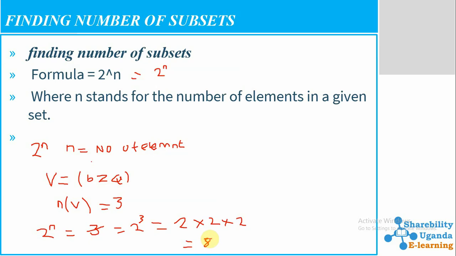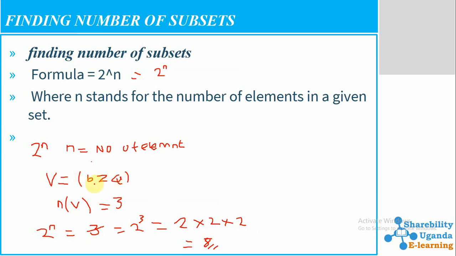Now this simply means that when we are asked how many subsets can be formed from this set, they are 8.